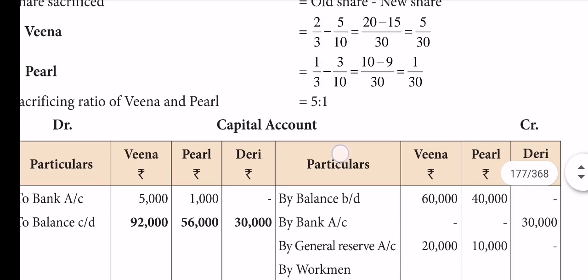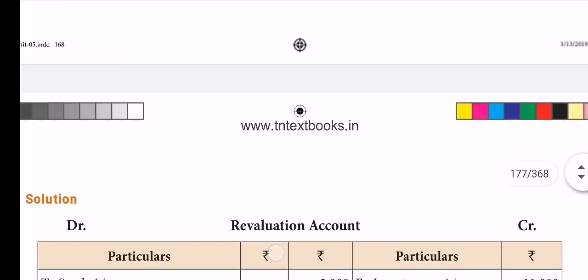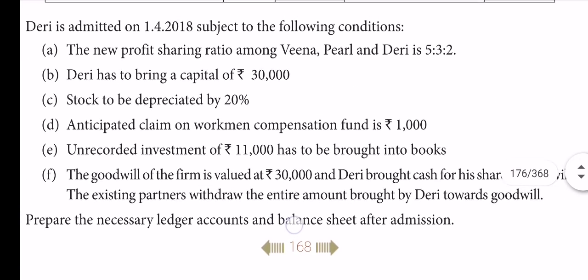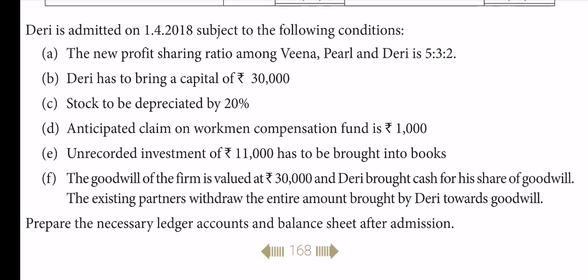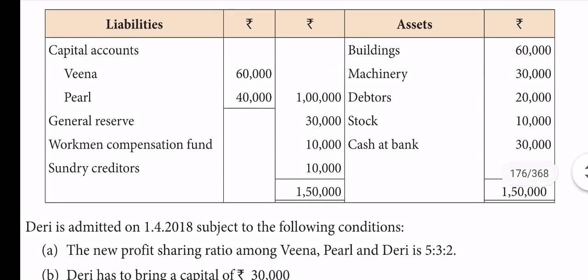Here, as I pointed out already, the workmen compensation fund: what they need to keep from this year onwards is 1,000. They had already kept 10,000, which is not needed now. So they keep 1,000 reserved, and the balance 9,000 they want to share this year itself. Therefore the journal entry is workmen compensation fund debit to old partners' capital accounts.